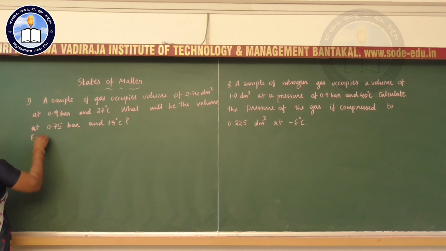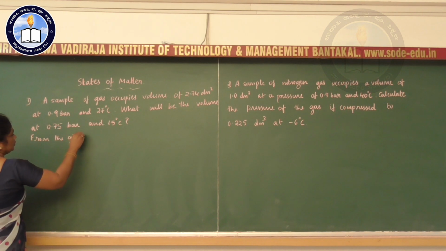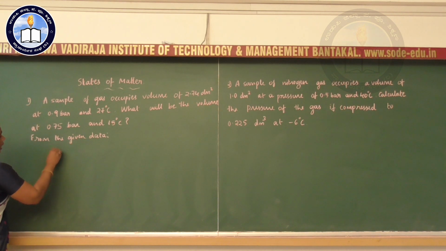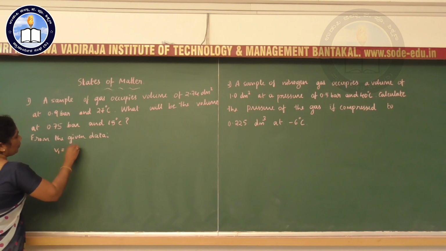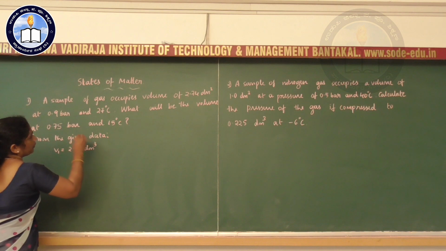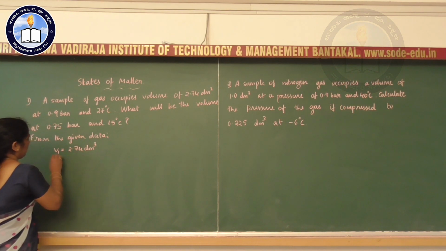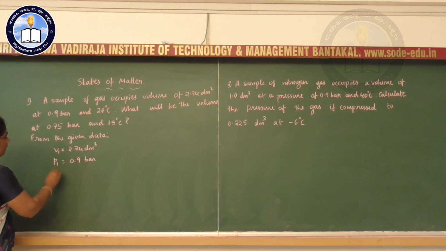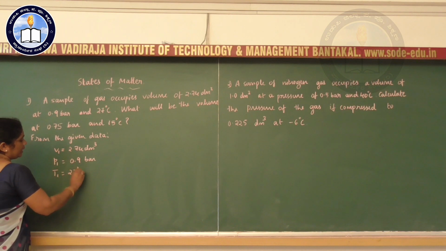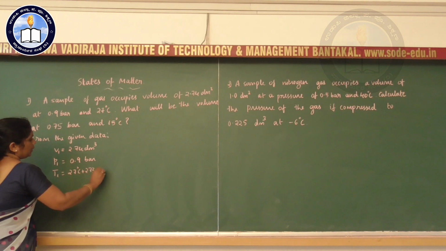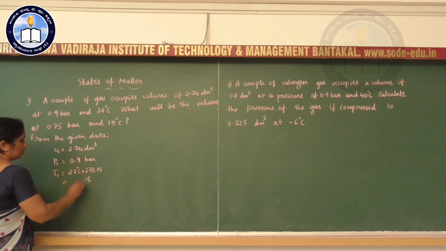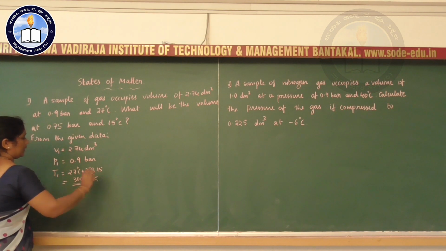So from the given data, the initial volume V1 is 2.74 dm3, pressure P1 is 0.9 bar, and temperature T1 is 27 degrees Celsius, which we have to convert into Kelvin, equal to 300.15 Kelvin.